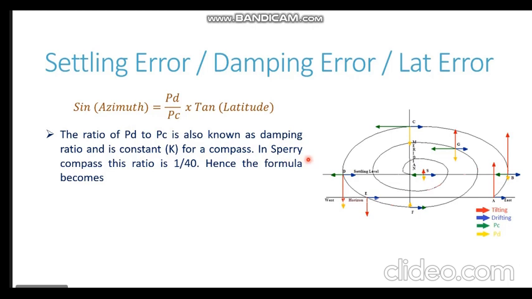The Sperry make compasses have this ratio exactly matching 1 is to 40. So how is this 1 is to 40? Let me take you back a little bit. When we discussed the concept of the gyro compass, I told you there are two weights which are fitted on a gyro compass. One weight, the bigger one, is used to make the compass top heavy.